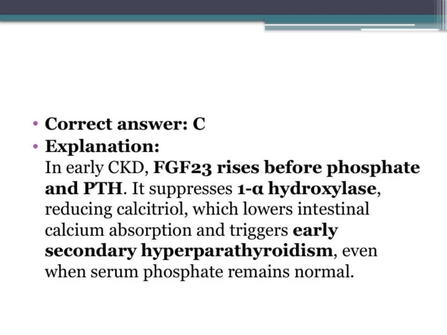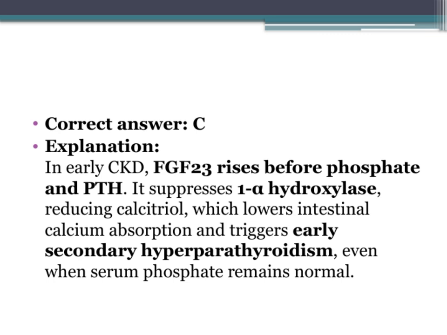Correct answer, C. In early chronic kidney disease, or CKD, one of the earliest changes we see is an increase in FGF23 levels. This increase actually happens before we notice any changes in serum phosphate or PTH levels. FGF23 plays a crucial role here because it suppresses an enzyme called 1-alpha hydroxylase.